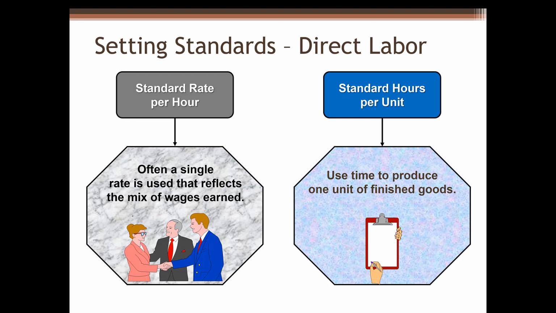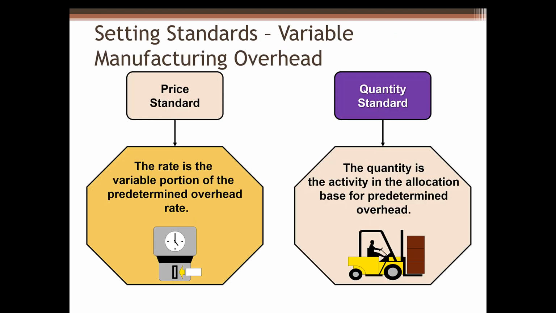The standard hours per unit reflects the labor hours required to complete one unit of a product. Standards can be determined by using available references, which estimate the time needed to produce a unit of product or perform a given task.